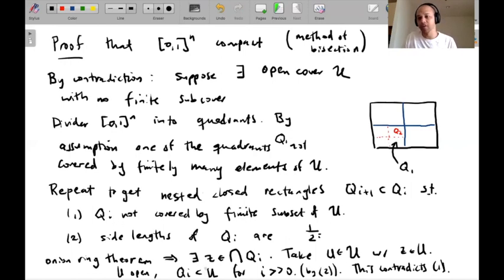Here we found a single open set that covers some Q_i's. Okay, so this is a contradiction, and from this we conclude that this open cover U could not exist. Like I said, this is the method of bisection, which is a useful kind of argument that appears in analysis.